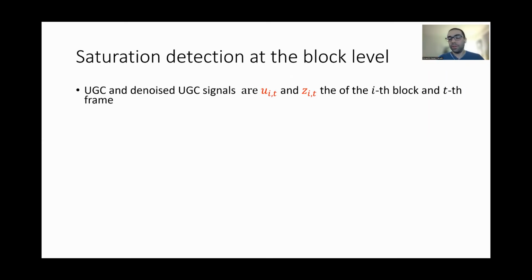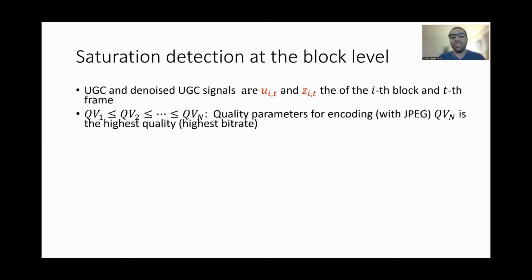Now, I'm going to describe our experiments of detection of the saturation region. So we will denote by U_IT and C_IT, both the UGC and the denoised UGC of a block I and frame T. We will consider several quality parameters QV that are used as input to JPEG.